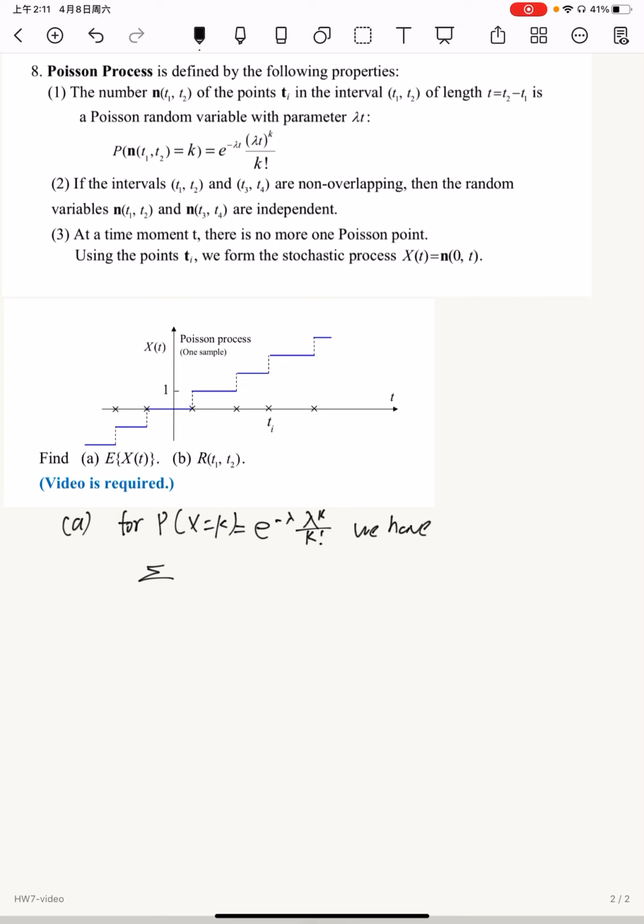We do the summation from k equals 0 to infinity of e to the minus lambda, lambda to the k divided by k factorial, which equals 1.